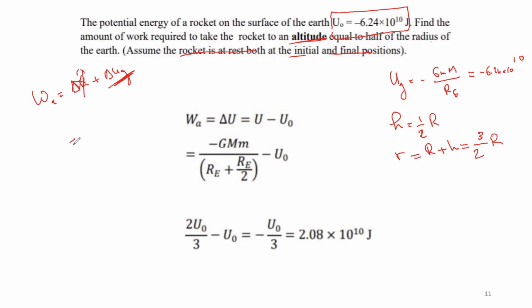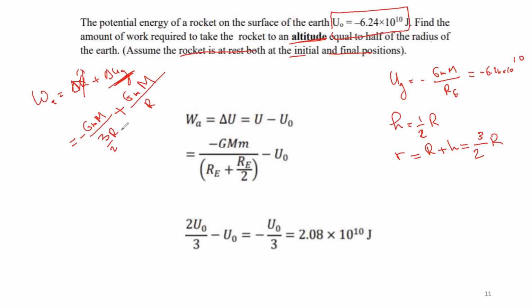So I will find UG final, meaning UG at this altitude, which is minus GMm divided by 3 halves of R, minus UG initial. Minus UG initial will be plus the mass of the rocket times the mass of the planet, divided by the radius of the Earth.